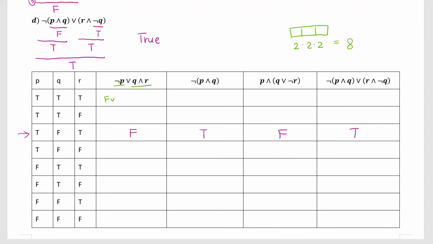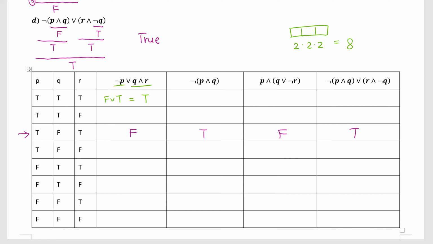And then Q and R, T and T is T. Sometimes we put this symbol. And then false or true is true. So in this case, we have true.